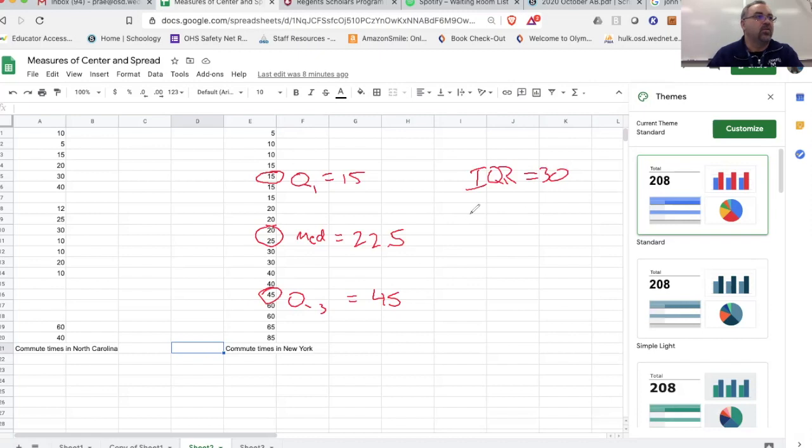Okay, so 1.5 times 30 is 45. So do we have any outliers in this one? No, our lower bound is 15 minus 45. Okay, so negative 30. The upper bound is 45 plus 45, or 90.